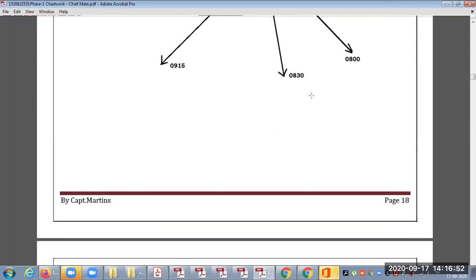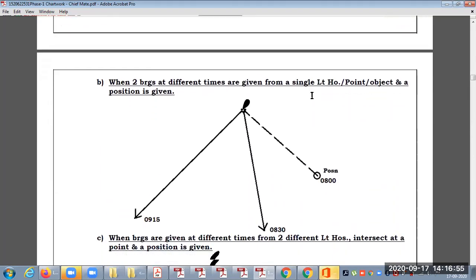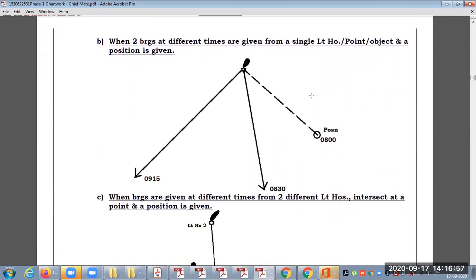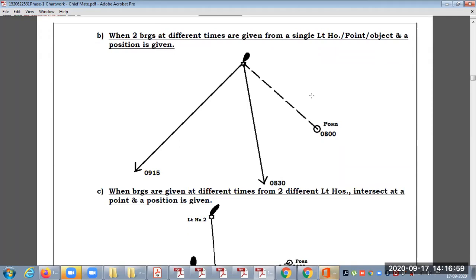Now case number 2 is when two bearings are given at different times from a single lighthouse or point object, and one position is also given. So we have one fix. We have two bearings and we have a 0800 position. If you have the position, you can join it to this lighthouse and we can get one bearing, and the other two bearings, 0830 and 0915, are given.